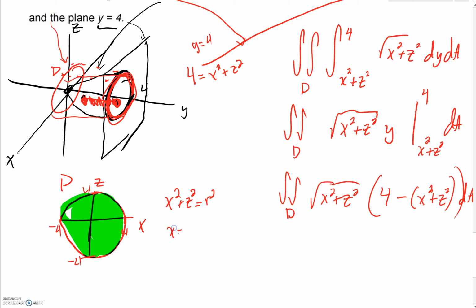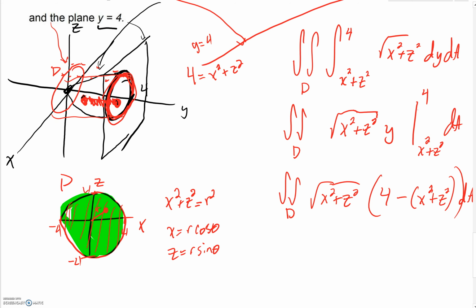We'd have x is equal to r cosine of theta, and z, which is kind of what we traditionally would see in y, would be z equals r sine of theta. And wow, we're looking at this entire region here. Any point x comma z would have a radius, of course.